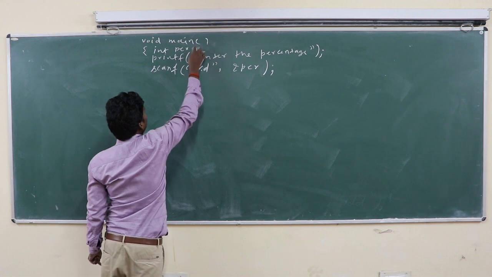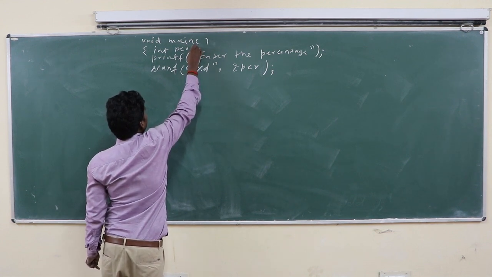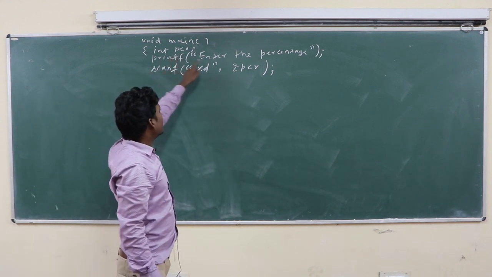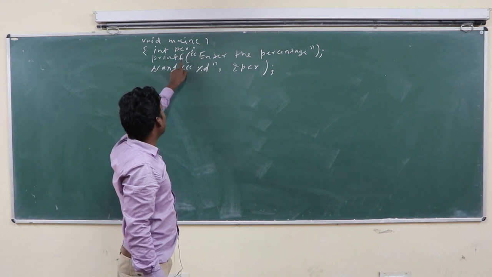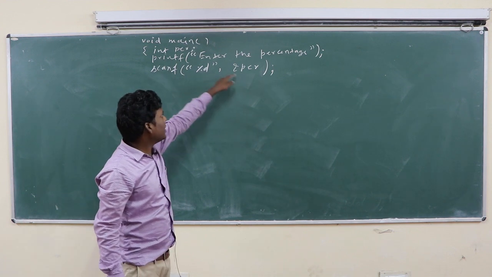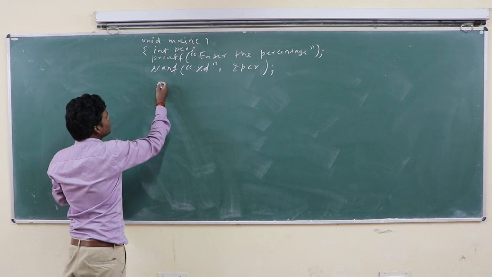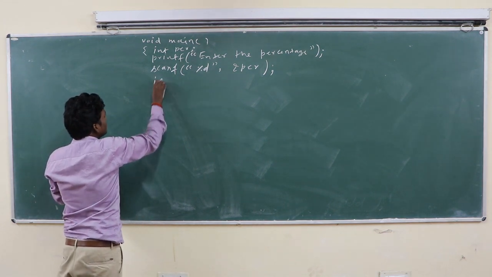Declare the variable first, then you have to use it. int PER is an integer variable. Printf enter the percentage. Scanf %d ampersand PER. So you have the percentage, now you have to check whether he is fail or pass.